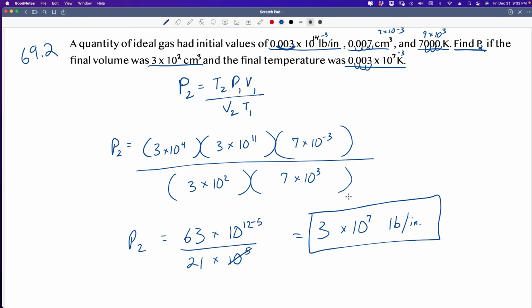That's going to make it easier to do the calculations. Okay, and then just multiply the whole numbers, add the exponents. Once you get that done, then you divide these numbers and then you combine the exponents. You flip the sign when you bring it up, and you combine them. And then that's your answer.